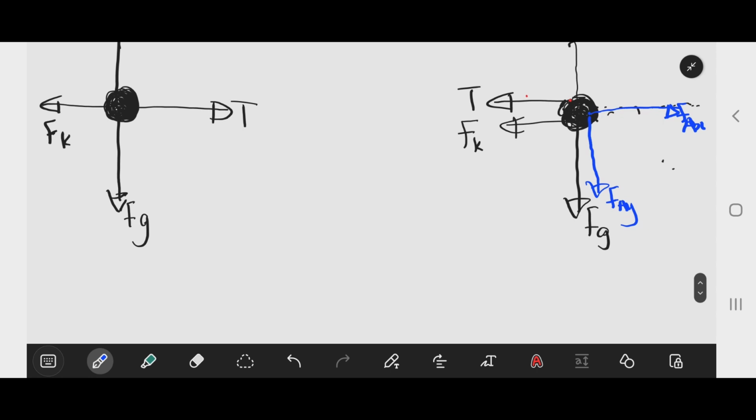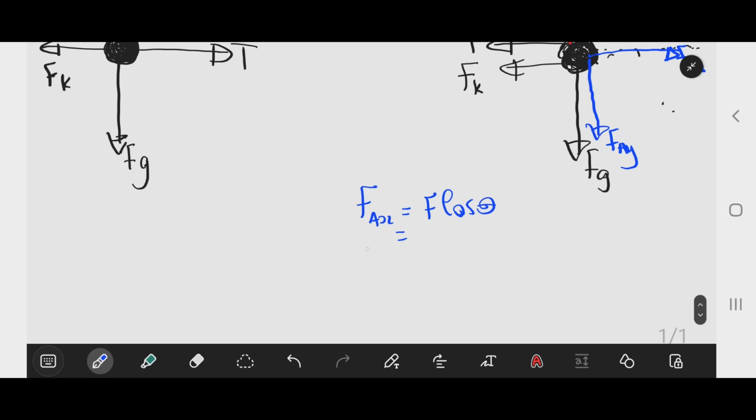By calculation, remember when you resolve, you also have to calculate your components. So in the x direction, that would be F cos theta.